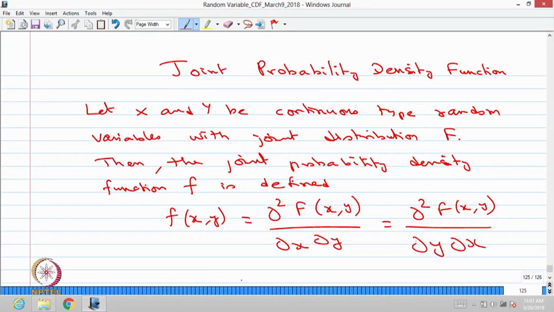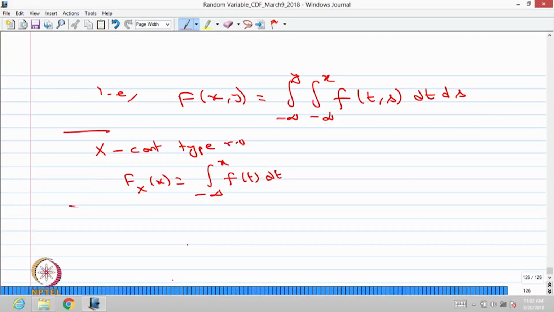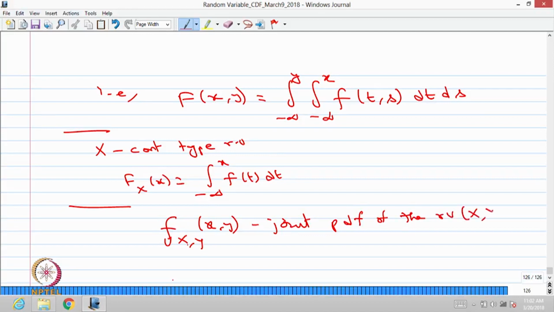Since it is a continuous function in both x and y, whether you change the order of partial derivative doesn't matter, it is going to be the same. So once you know the joint probability density function of x comma y, one can find the probability density function of one random variable. So this small f of x comma y is the joint probability density function of the random variable x comma y.